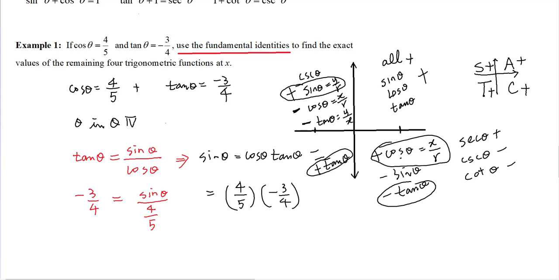When you're multiplying fractions, you can cancel the same factor in numerator and denominator. Once you cancel 4 over 4 as 1, you have negative 3 over 5 as your sine theta. So which identity did I just use? I used the quotient identity.